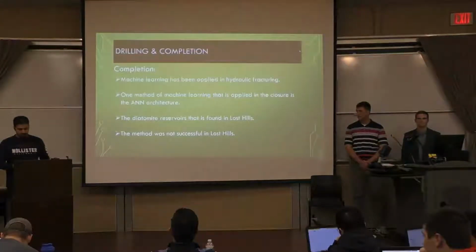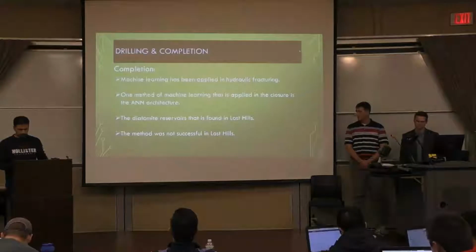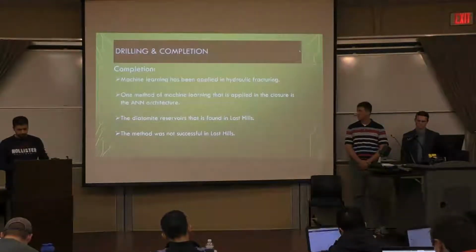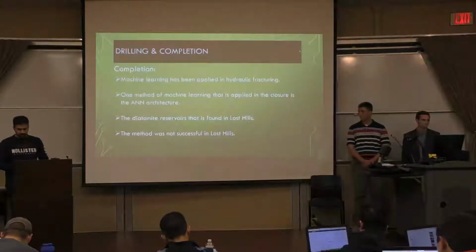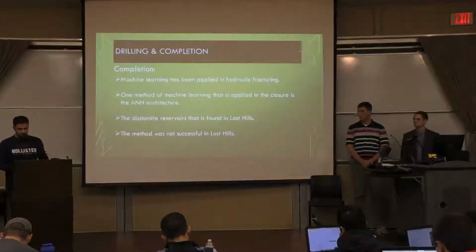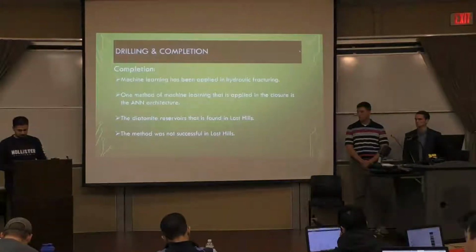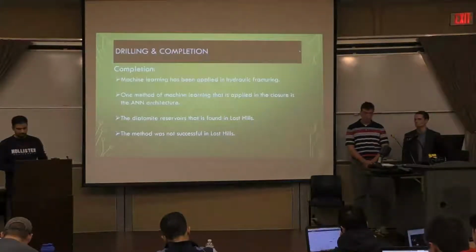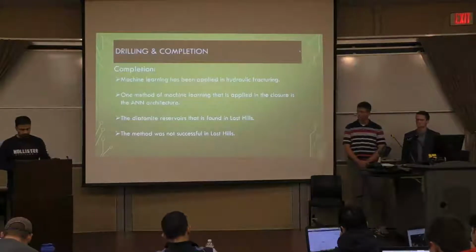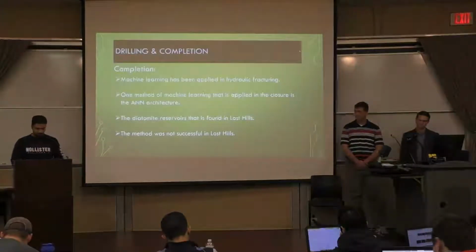The diatomite reservoir found in Lost Hills is a classic example of machine learning applications in completion. The case study offers good examples of reservoir management because of its unique nature, low permeability, strong inhibition, and weak rock strength.